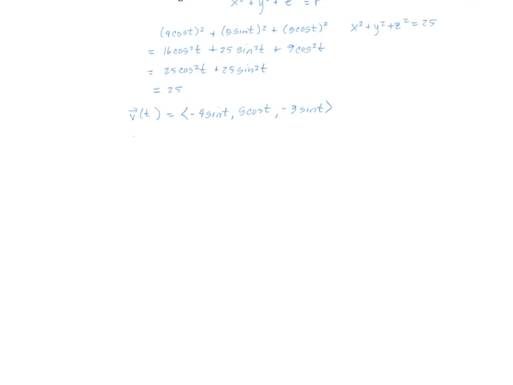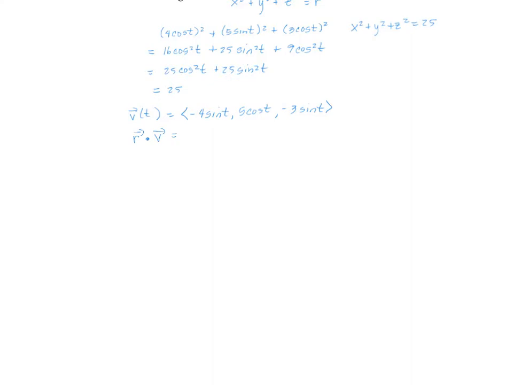Now when we take r and we dot it with v, remember that means multiply, add, multiply, add. So it's going to be equal to -4 sine times 4 cosine.